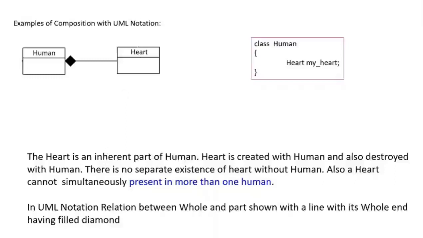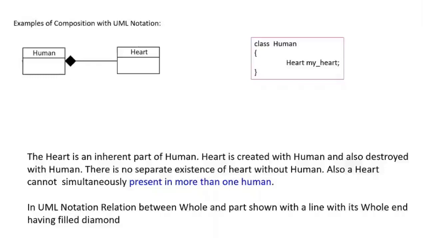The heart is created with a human and also destroyed with the human. There is no separate existence of a heart without a human. We cannot say that the heart is created separately and then attached to a human. Also, a heart cannot be simultaneously present in more than one human. A heart cannot be shared across multiple humans. These are the inherent properties of human and heart.